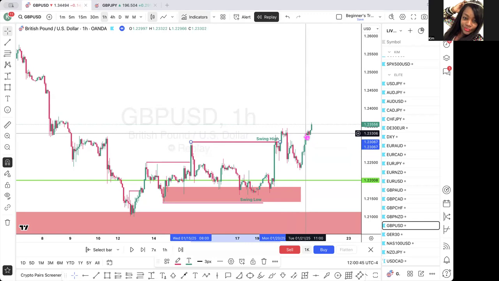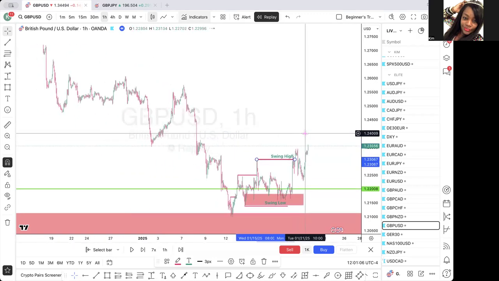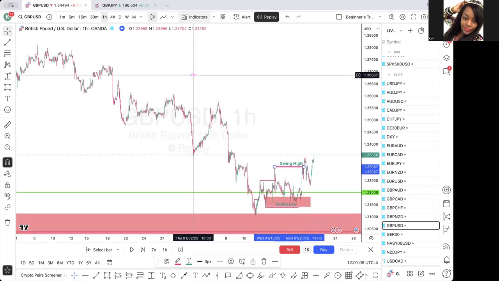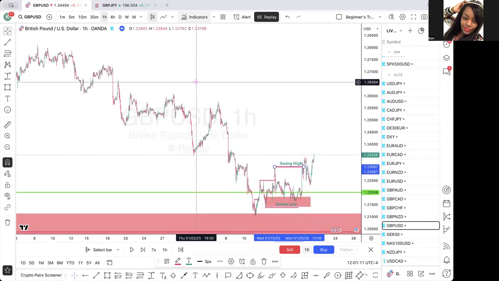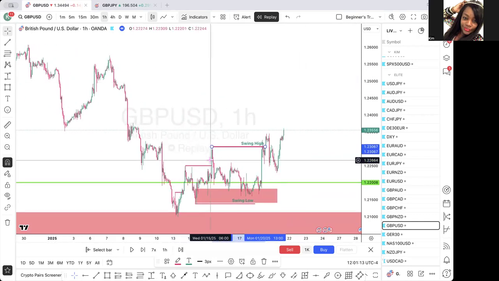I don't care about people putting in 3 or 4, 5, 6, 7, 8, 9, 10 trades, because if you think about it, if you're putting in that many trades, you're likely to over leverage your account. So once I get a good trade in, I let that one trade run until I get to my TP. So I'm gonna let this finish playing out.